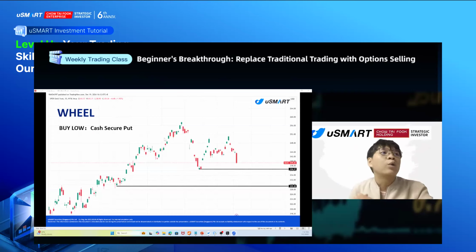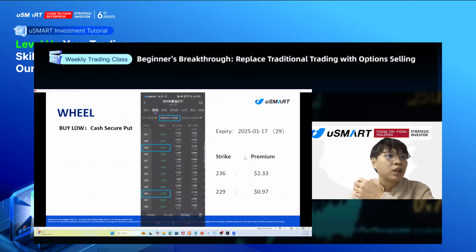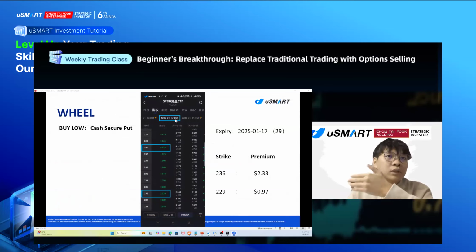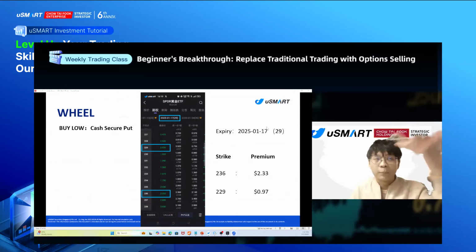So right now, what I do is I need to ensure that I have the money to buy 100 shares of this gold ETF, no matter if it is at this price or a lower support. And let's check the option premium that I am able to get. In this case, I'm selecting these options at the time of my screenshots.